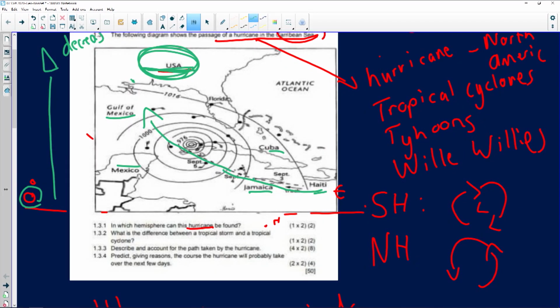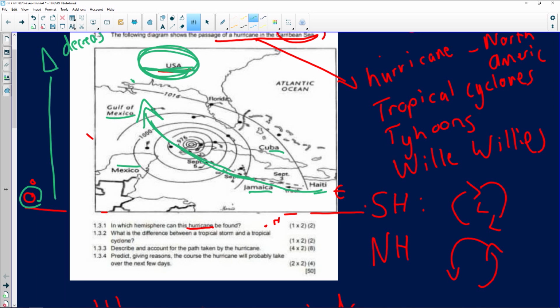So the theory goes, it's not a theory, it's plain and simple: when you move towards the equator, temperatures increase. When you move away from the equator, temperatures decrease. Same with ocean temperature, same as land temperature. So as this tropical cyclone, this hurricane, moves away from the equator, over continents, it dissipates.